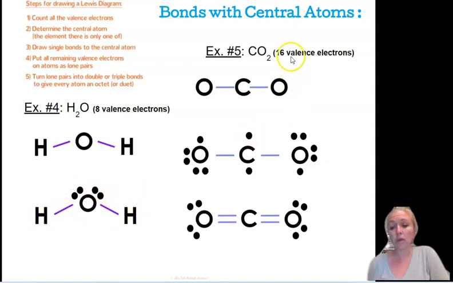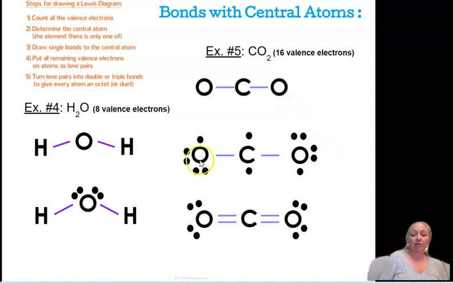We're good. Carbon dioxide. My carbon has 4. Each of my oxygens has 6 valence electrons, so that's a total of 16 valence electrons. 2, 4 to get the carbon and oxygens together, which means I have 12 more to distribute.